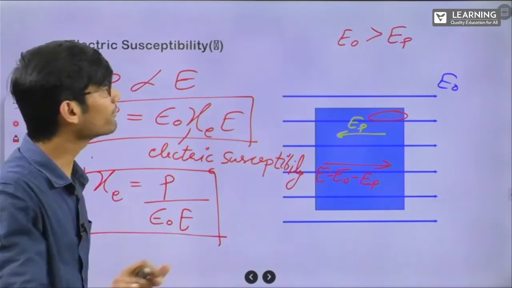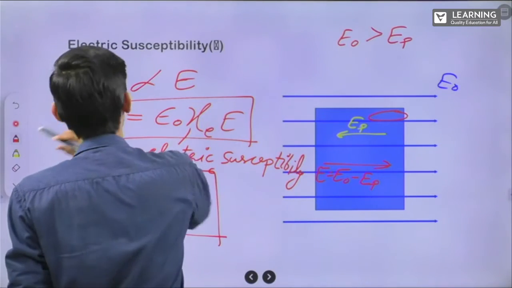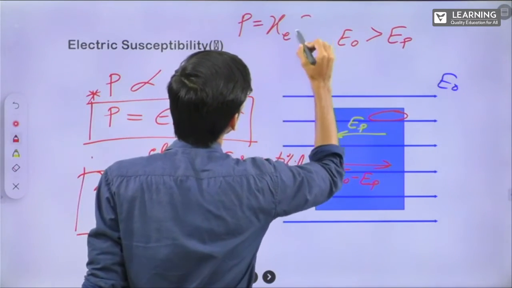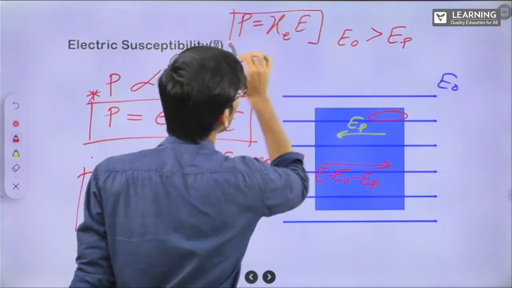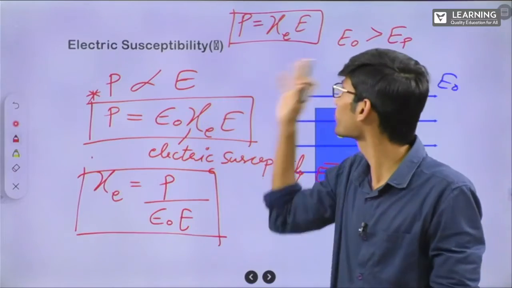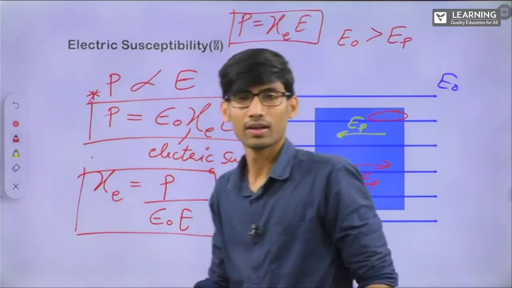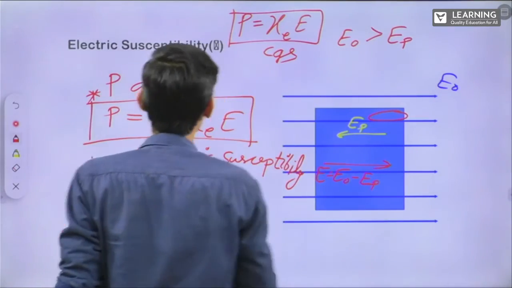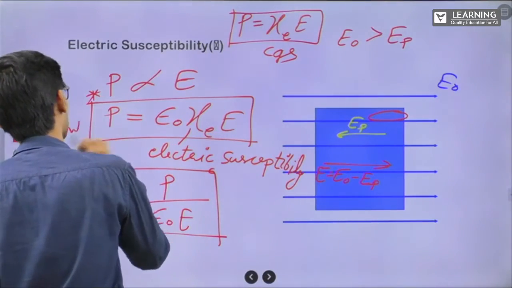Now somewhere you would have seen this formula as P is equal to chi into E, correct? Maybe you scratched your head, why is this formula different? It is not different. This is in the CGS system and this is in the MKS system.